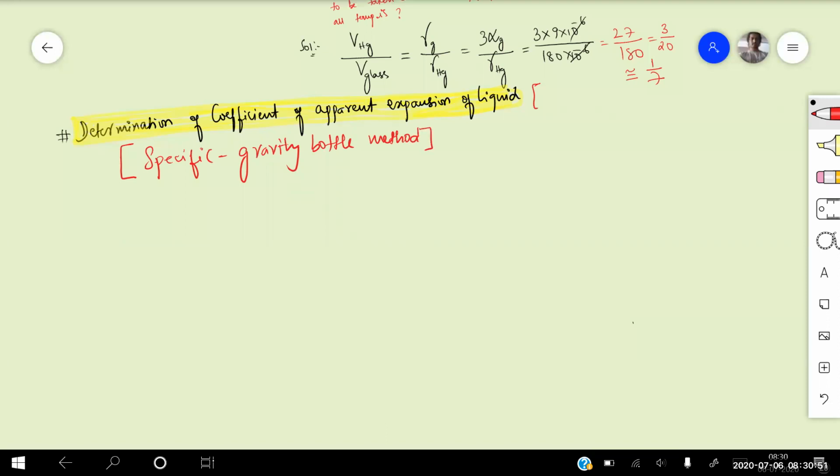So what is the next heading? Determination of coefficient of apparent expansion of liquid, the gamma A value, with the help of the specific gravity bottle method.